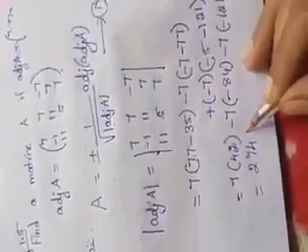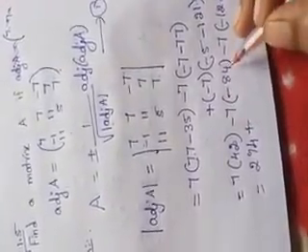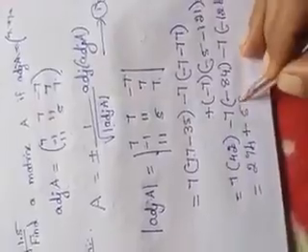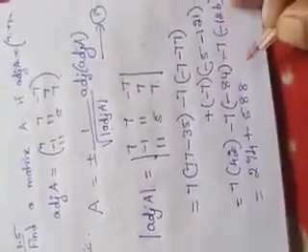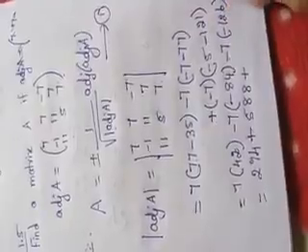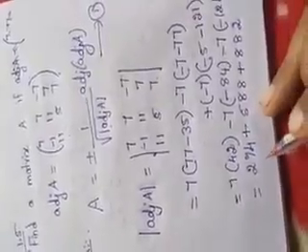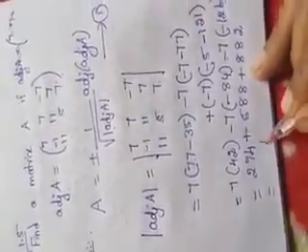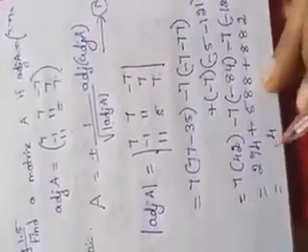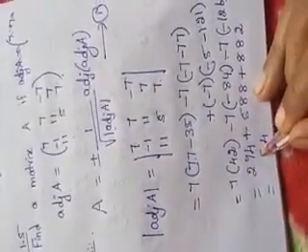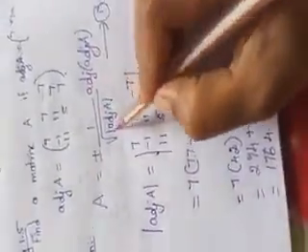Now minus into minus is plus: 7 into 84 is 588. Again minus into plus: minus 7 into 126 gives 882. When we add, what do we get? 1764, which is greater than 0. So we have got determinant adj A. The square root value we can find later.